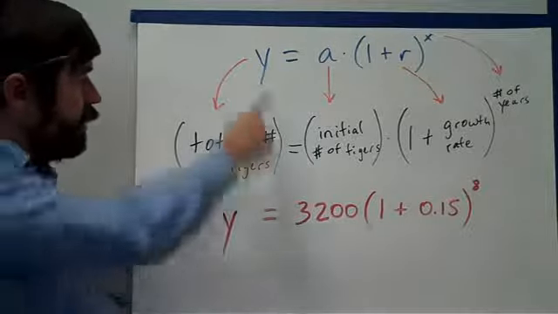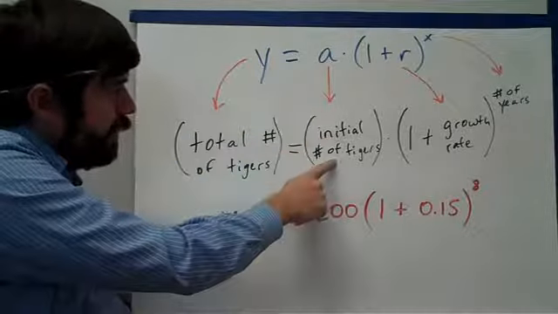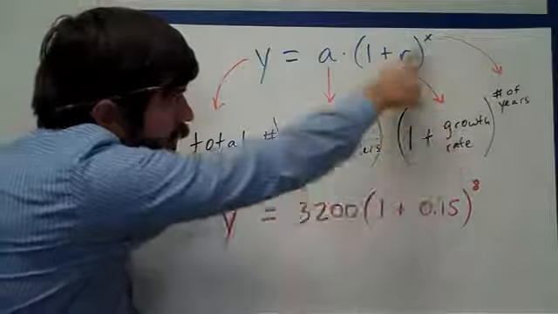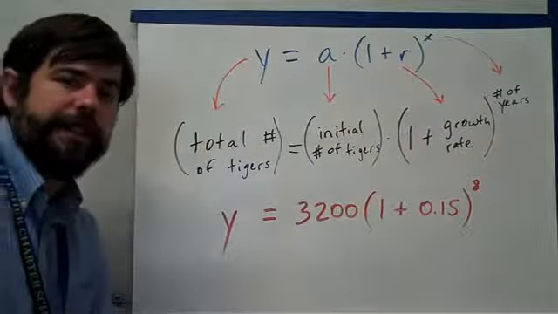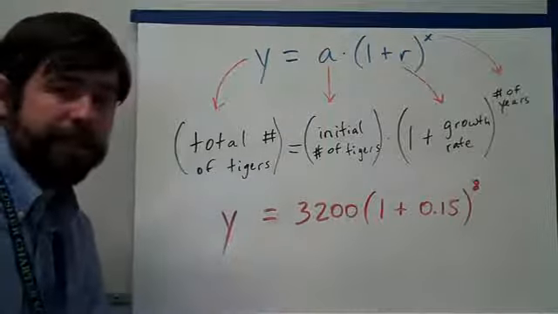So in this case, y is the total number of tigers, a is the initial number of tigers, r is the growth rate, and x is the number of years. They said it grows 15% every year, so that's why we use the number of years in this case.